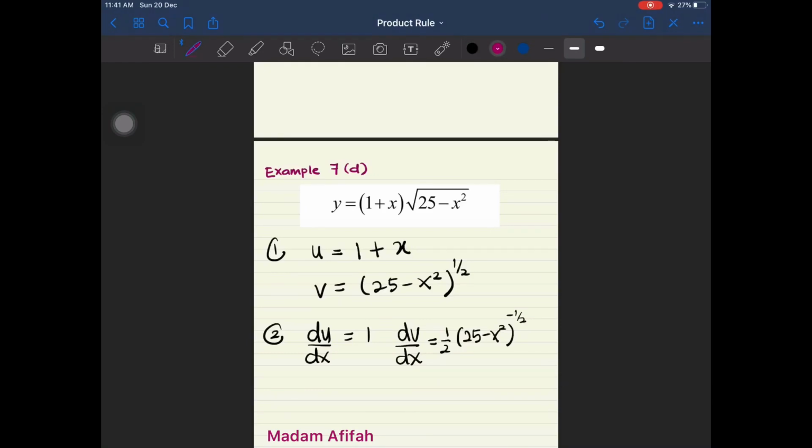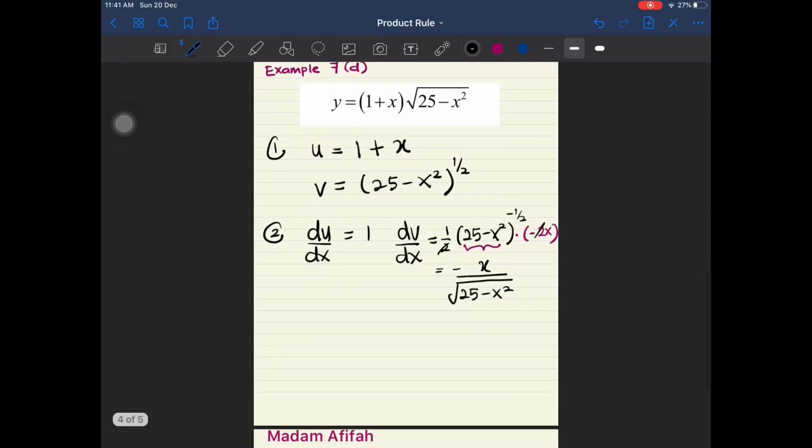And the next is to differentiate this function, so you multiply by negative 2x. Simplifying this gives negative x over square root of 25 minus x squared.